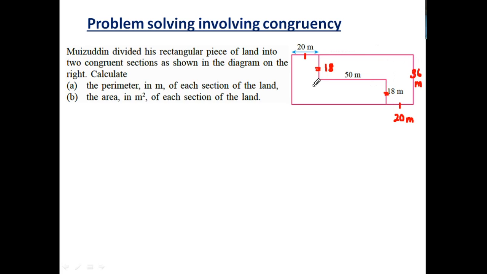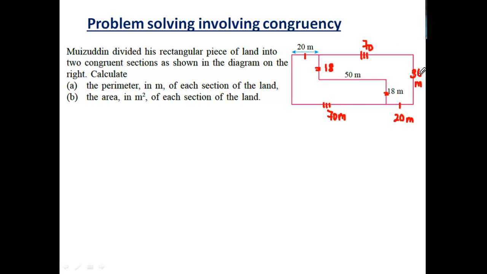So how about this length? This length we can total up by 20 and then 50. So total is 70. So the corresponding side is here, so here also 70.